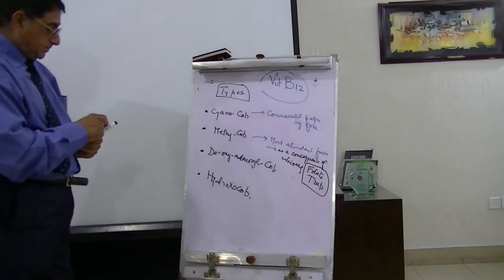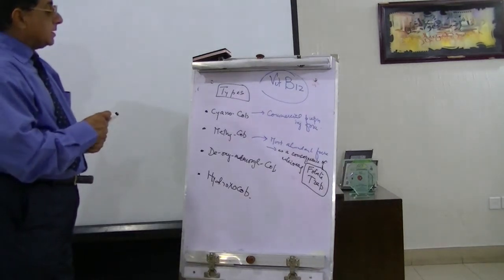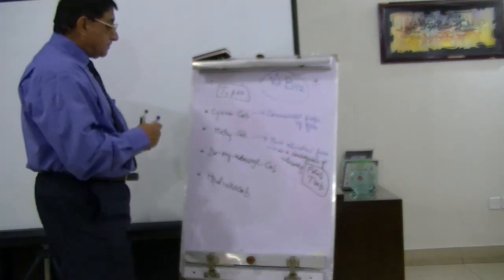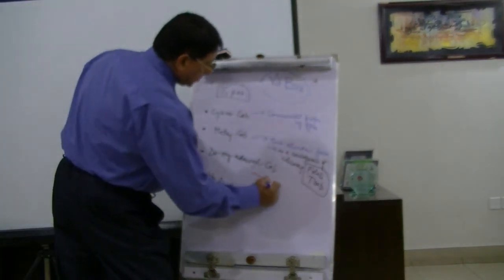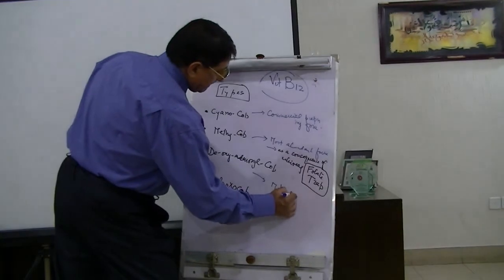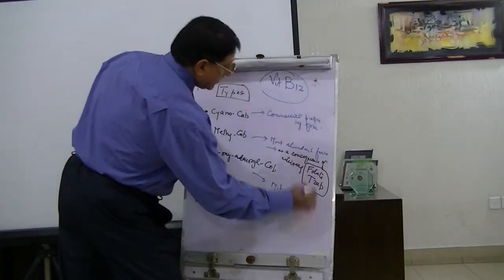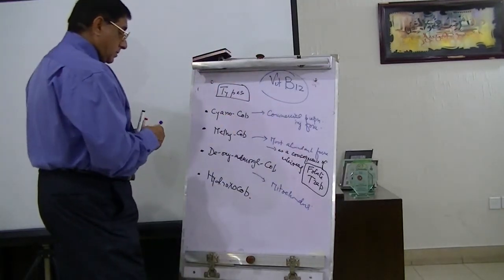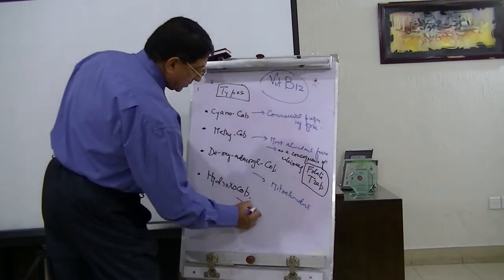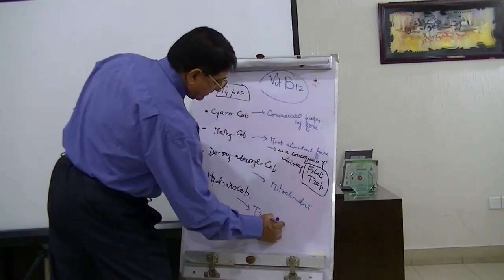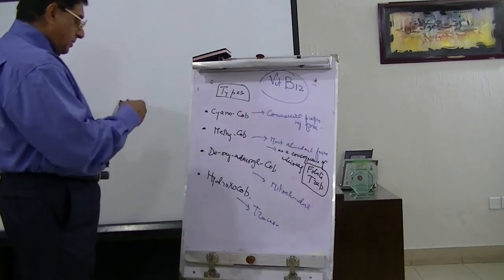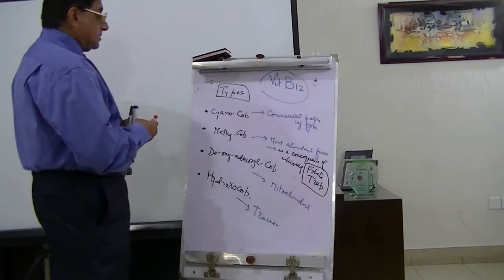Deoxyadenosylcobalamin is present in mitochondria, and hydroxycobalamin is also present in traces. Methylcobalamin is the most abundant form.